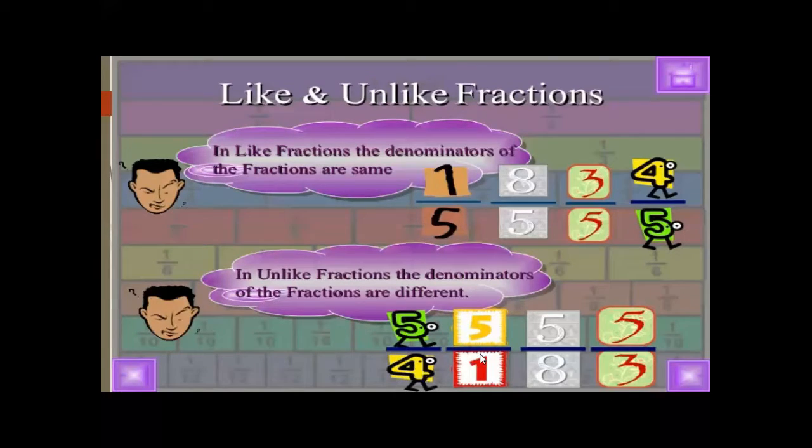Here we have 4, here 1, here 8, here 3. So a fraction with a different denominator is called an unlike fraction. This is unlike because the denominator is different, but in like fractions we have the same denominator.